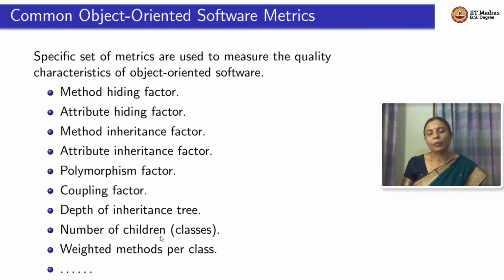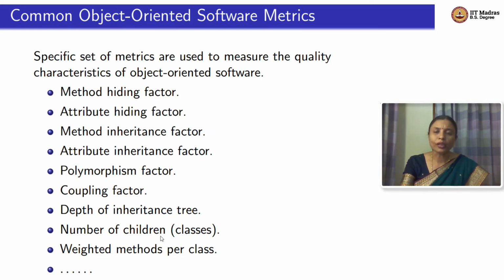Do I have multiple class inheritance or single class inheritance? That is a quantifiable metric. Weighted methods per class, the number of methods owned by a class that can be assigned a certain weight based on certain features, is another metric. Then inheritance of a method is related to polymorphism, which could be another metric. Several different extra software metrics can be defined if I have object-oriented software.